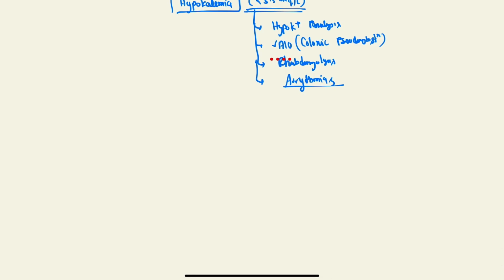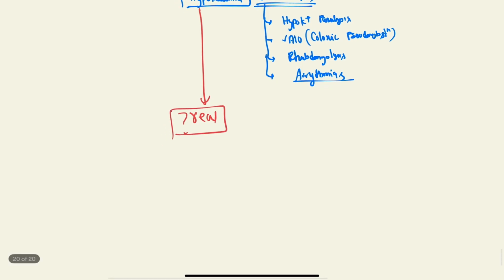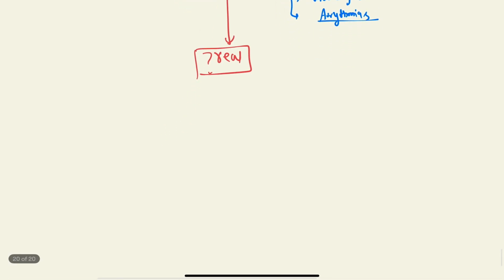So if a patient comes with hypokalemia, first of all, we see if it is real or whether it is pseudohypokalemia. Which conditions cause pseudohypokalemia? You can see the CBC.